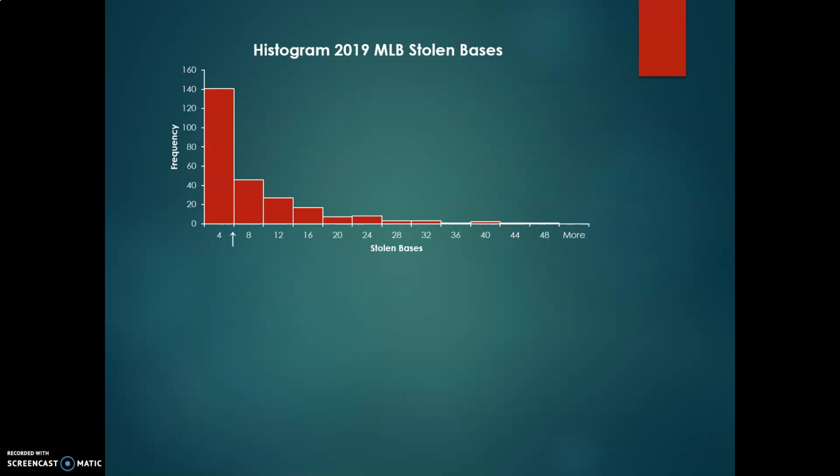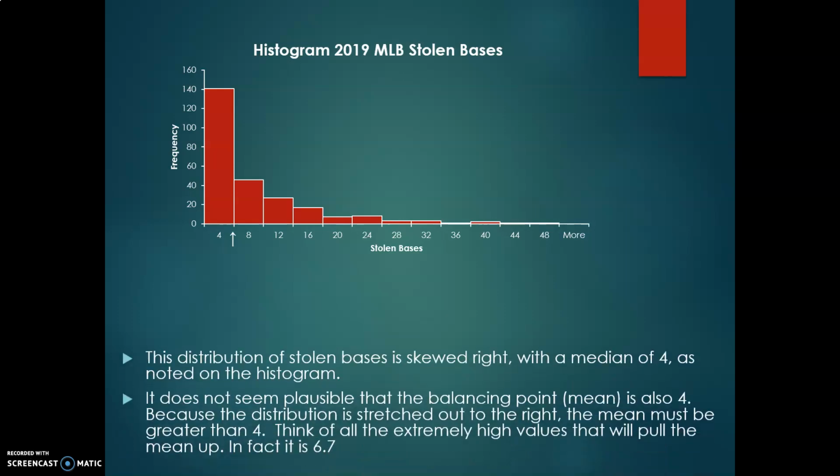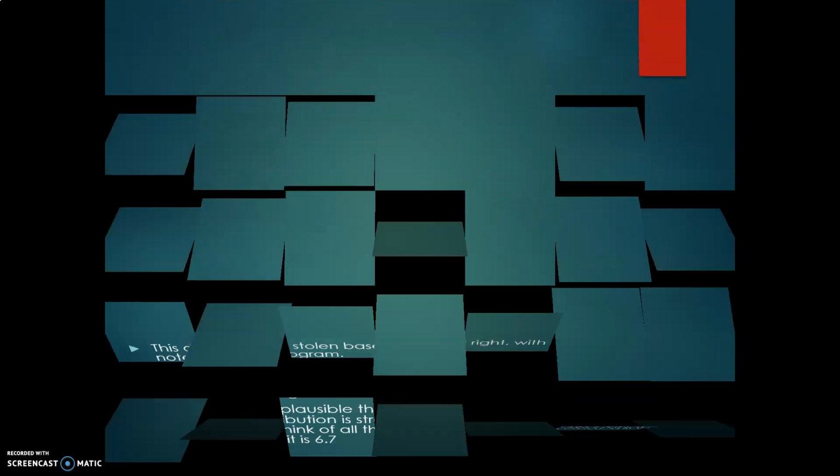We know that the mean is going to have to be higher than our median. And in fact, if we go through and do the values, we get that the mean is actually 6.7, because of those data points high on the right-hand side, which is why it's skewed to the right.